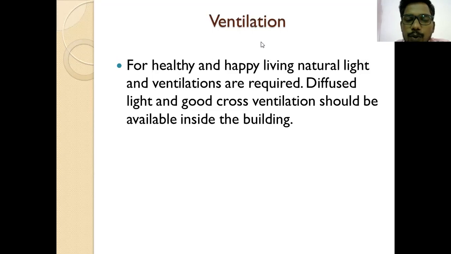To achieve natural ventilation, we have to provide various openings such as windows as well as ventilators. Whatever openings we provide, we have to consider the floor area of that particular room.